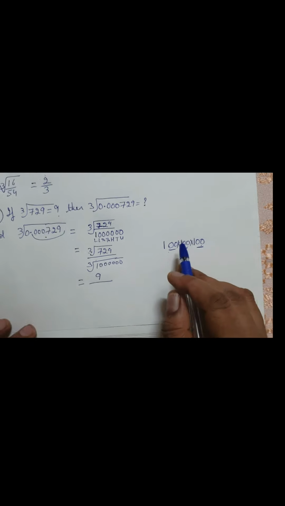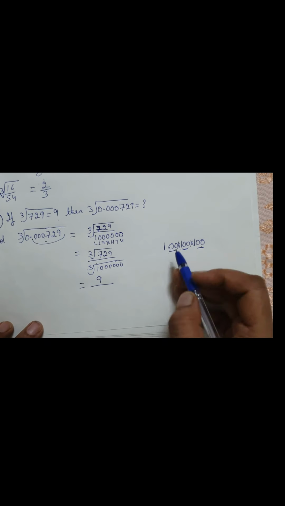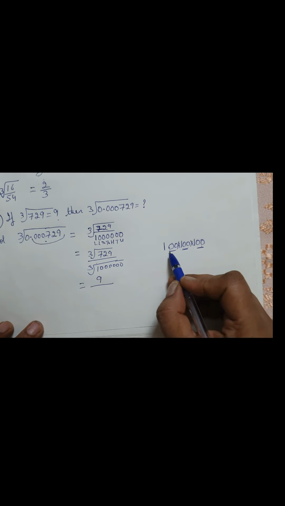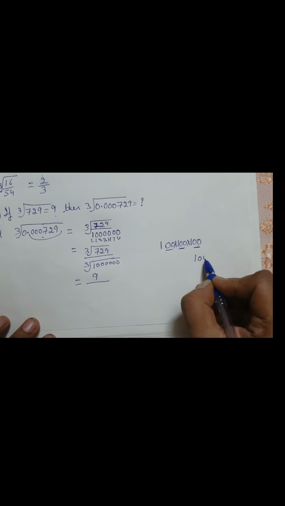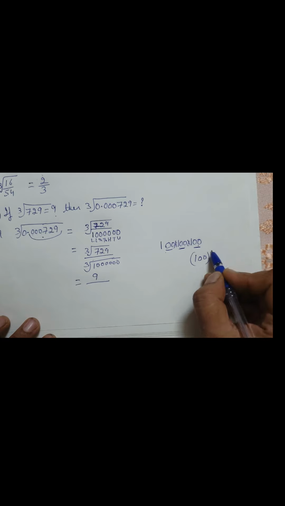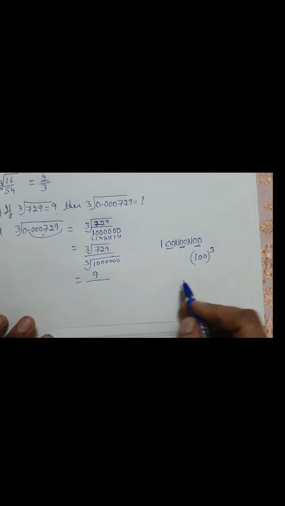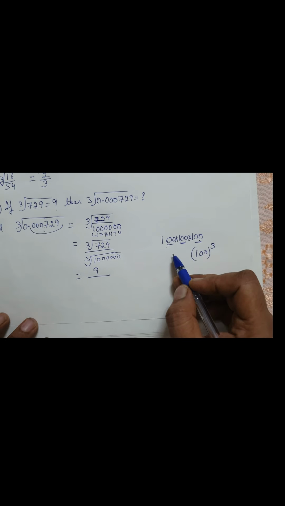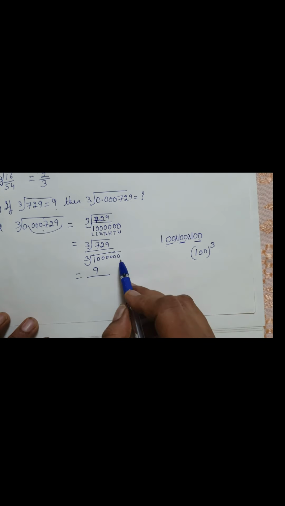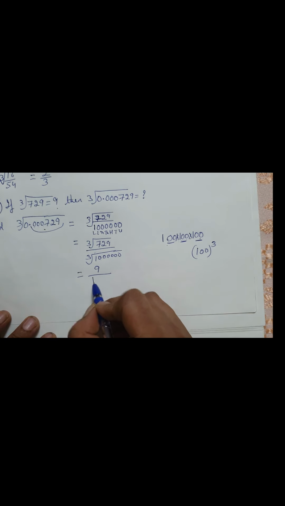So that means 10 lakh is equal to 100 multiply by 100 multiply by 100. That means 100, how many times? 3 times. So 100 cube. Therefore, cube root of 10 lakh is equal to 100.